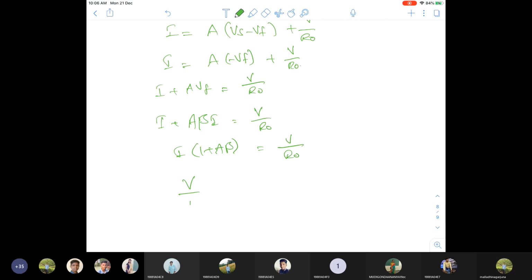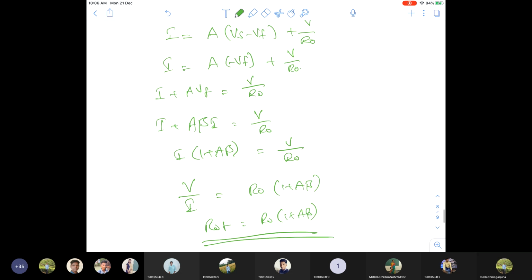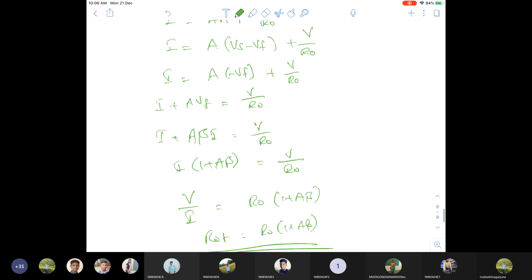So rearranging, V by I equals R naught into 1 plus A beta. This is R naught F equal to R naught into 1 plus A beta. So this is the output impedance for the current series feedback amplifier.